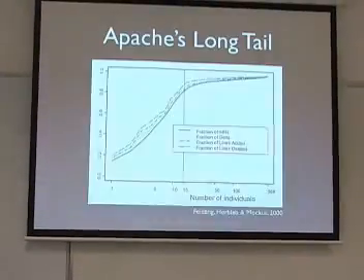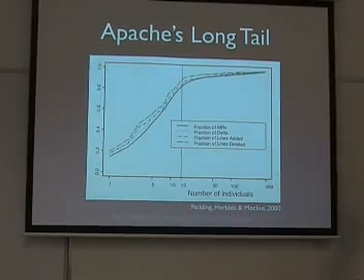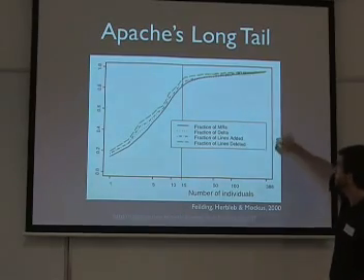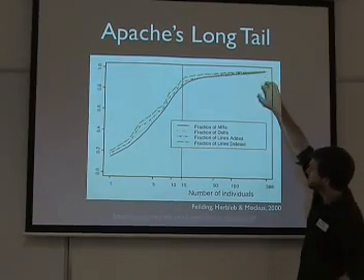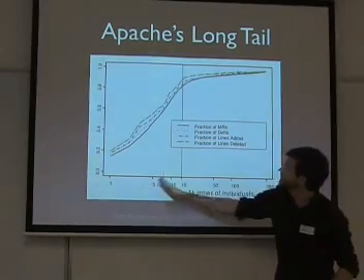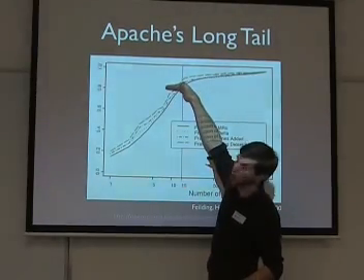One example of that was Apache, I think 1.3. So this was a long time ago, but this was the release. And what we looked at was the number of individuals who contributed, by percent of lines of code.